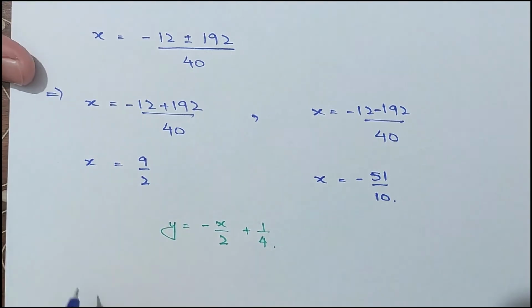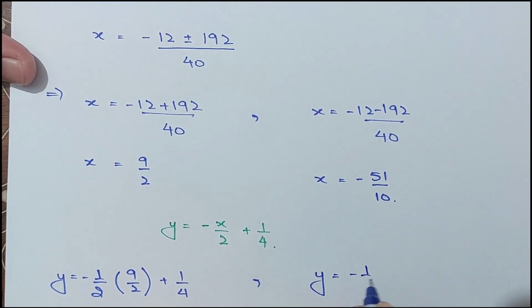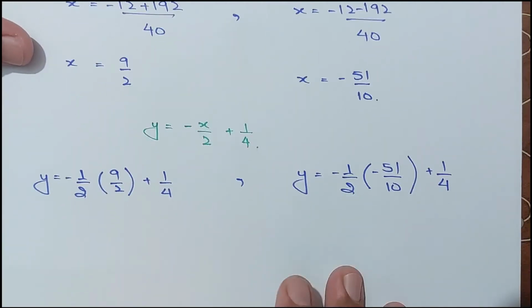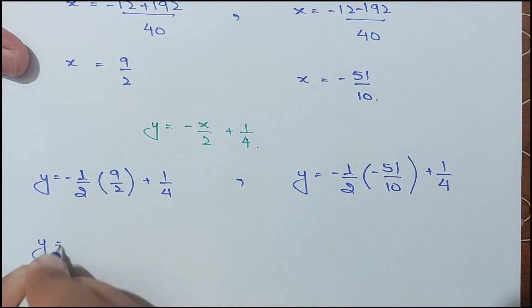So let me do this. y = -1/2 x + 1/4, where x is 9/2, and here y = -1/2 x + 1/4, where x is -51/10. So what is y?